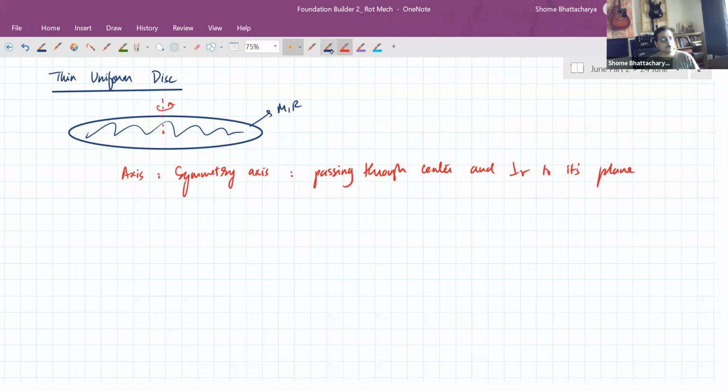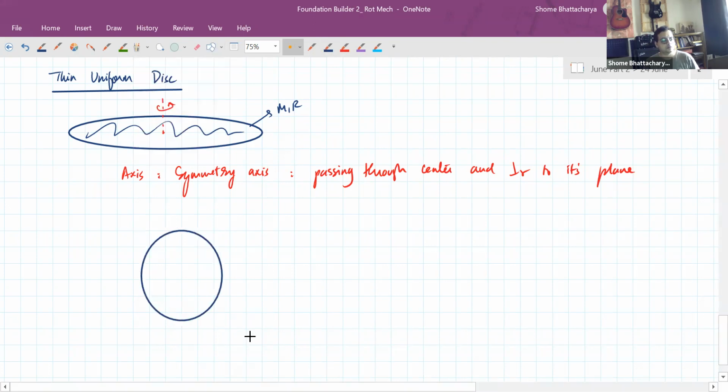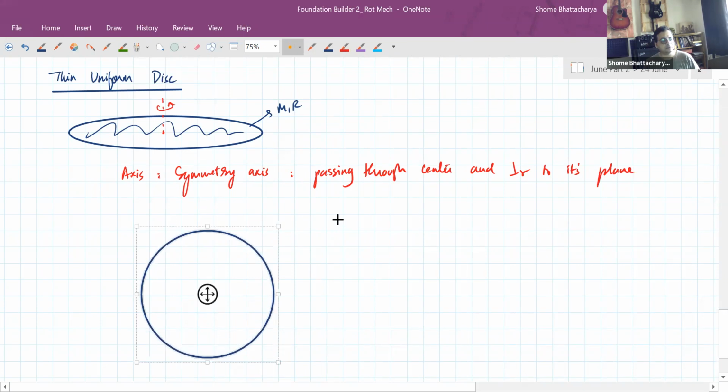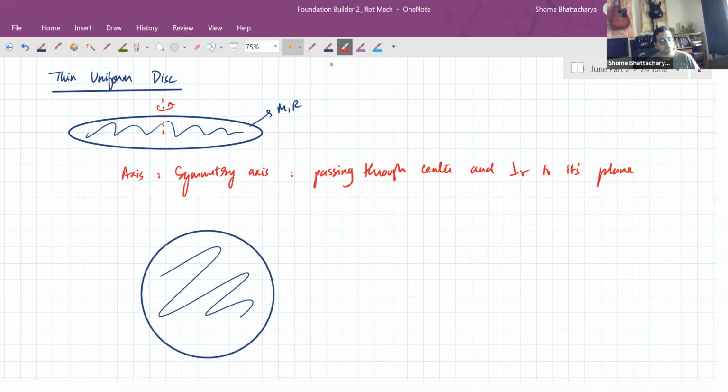When we take the top view of this, can you imagine the axis coming out of the plane of the diagram through the center perpendicularly? This is the axis of rotation.